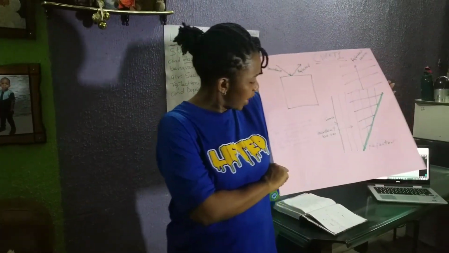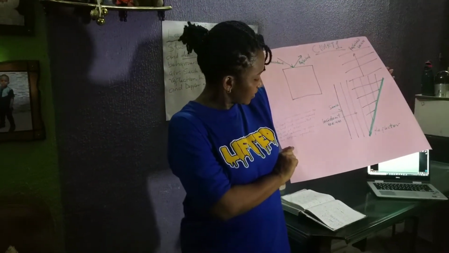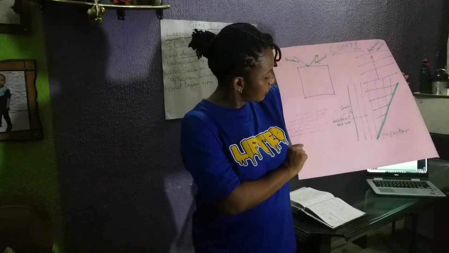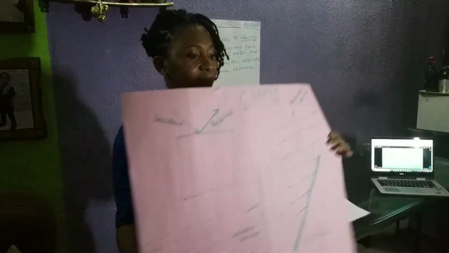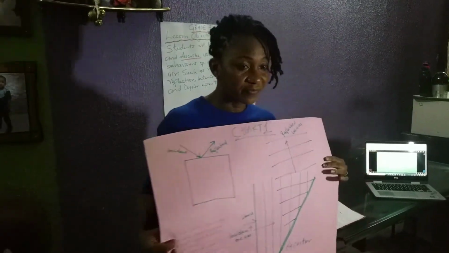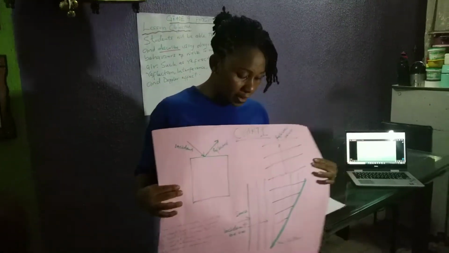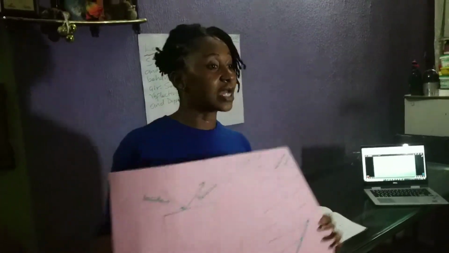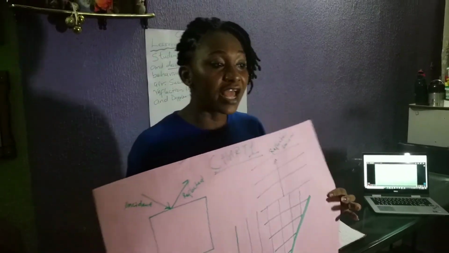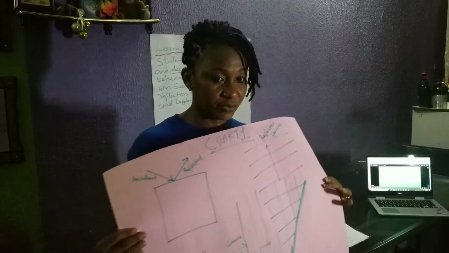Dash is when a wave bounces off an object. What should we name it? Reflection. Beautiful. So this diagram represents reflection.